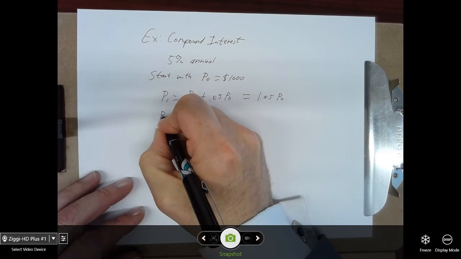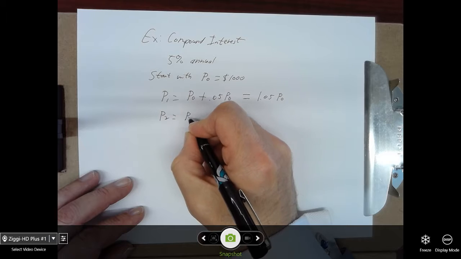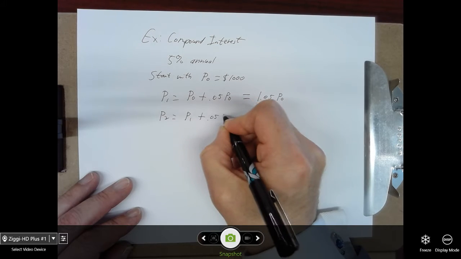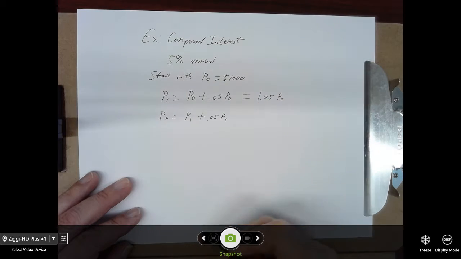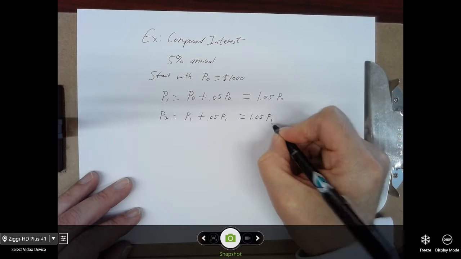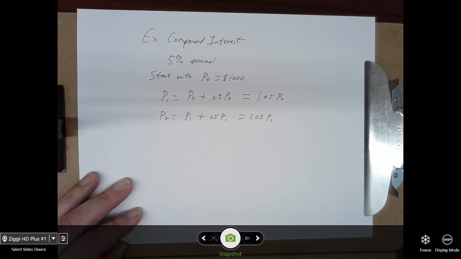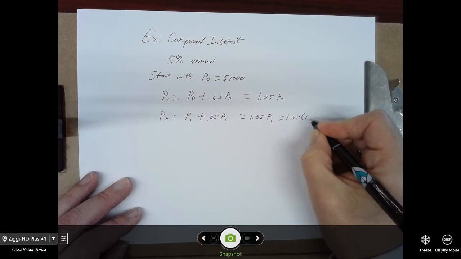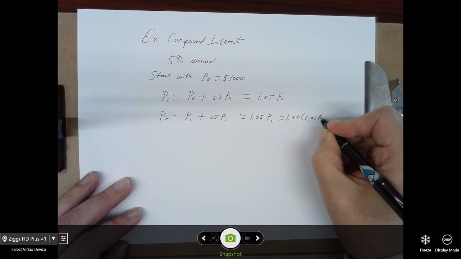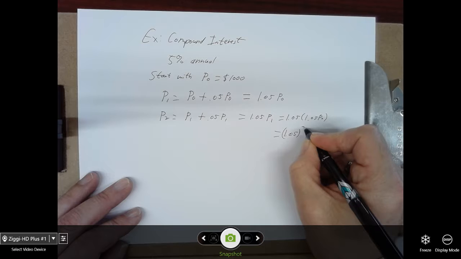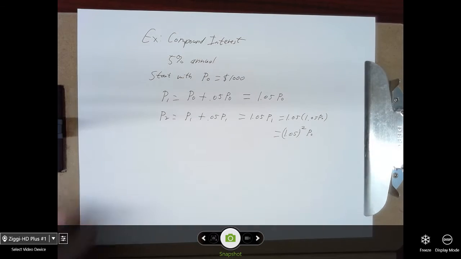At the end of year 2, you're going to have everything that you had at the beginning of the year plus an extra 5%, which is 1.05 P1. But since P1 is 1.05 P0, this is actually 1.05 of 1.05 P0, which is 1.05 squared times your original principal.